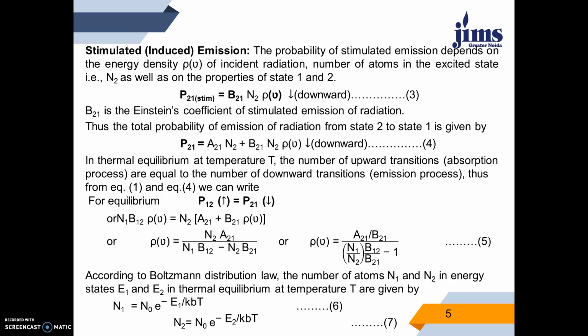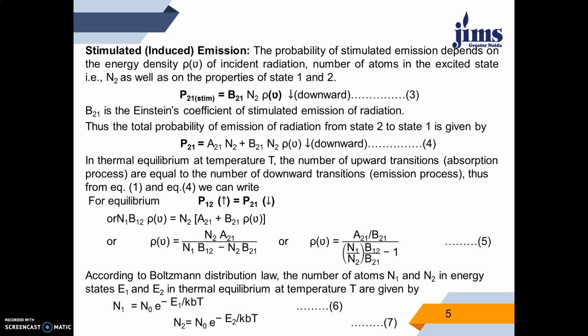Thus, from equation 1 and equation 4, we can write for equilibrium that P12, the upward or absorption transition, is equal to P21, the downward transition or emission process. So P12 is equal to P21.